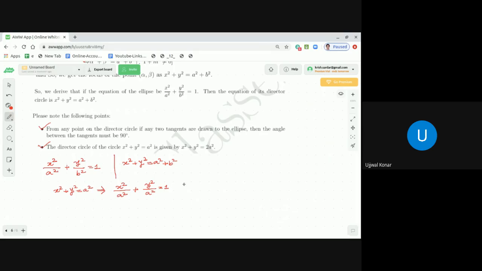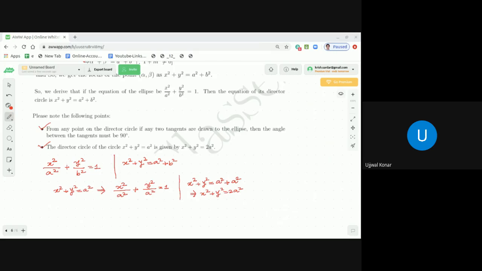Then from here we can get the corresponding director circle. It should be x square plus y square is equal to a square plus a square, because in this case b becomes a, which is nothing but x square plus y square is equal to 2a square. Correct, dear students? So this is all about the director circle of an ellipse.